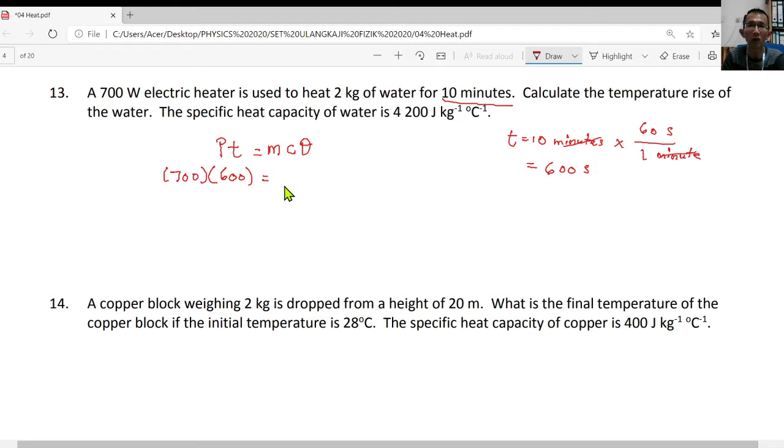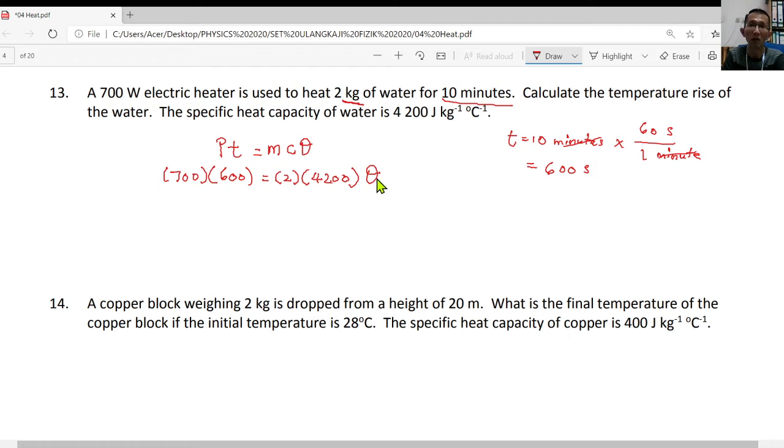Do we know our m? Yes, the mass is 2 kilogram. And do I know my specific heat capacity? It is given, 4200, multiplied by theta. What is theta? Theta is the difference between the final temperature and the initial temperature.